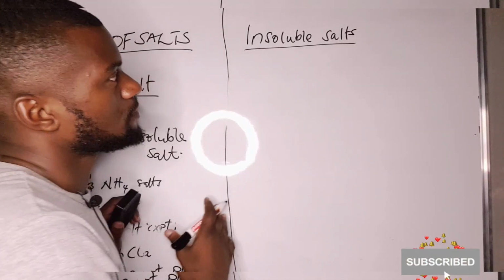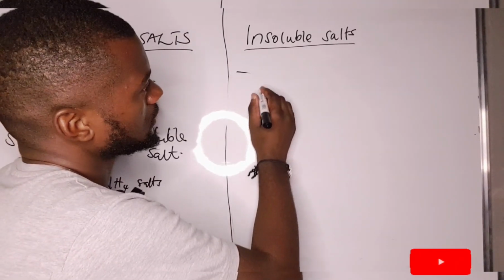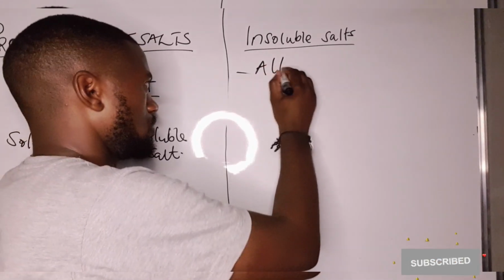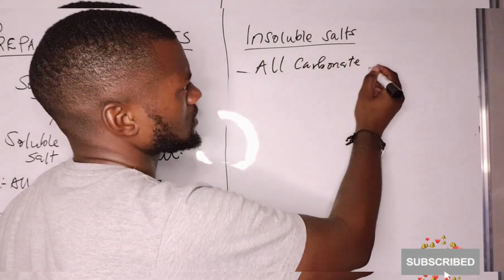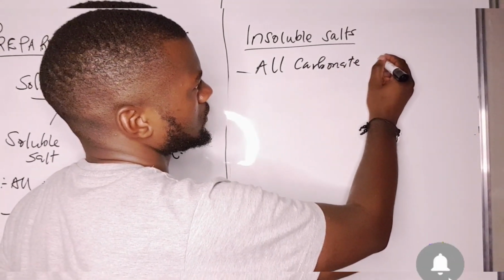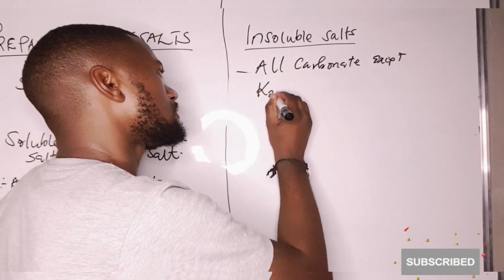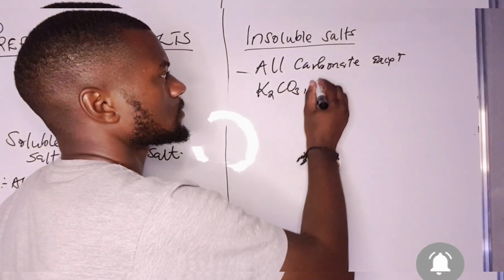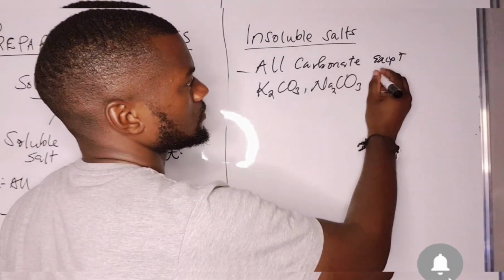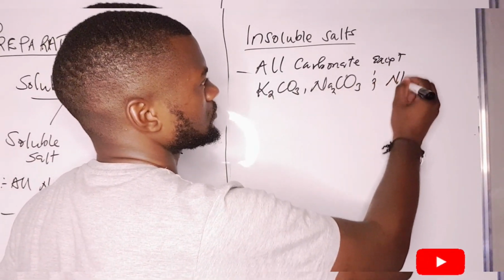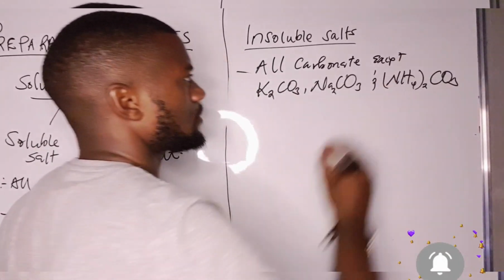We look at some of the examples of the insoluble salts. One of them is that all the carbonate salts are insoluble except potassium carbonate, sodium carbonate, and also ammonium carbonate.